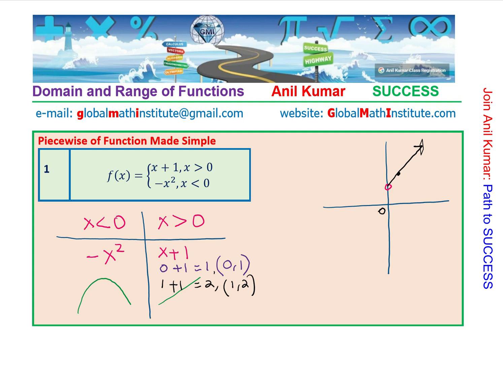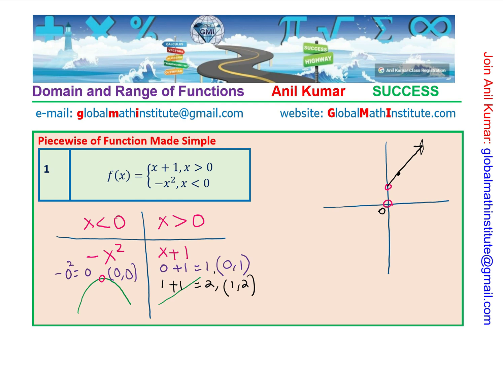Now on the left side, we have minus x squared. Of course, at x equal to 0, what do we have? Well, minus 0 squared will give us 0 itself. So we do have a point at the origin, but this is again a hole. Let me sketch a point here at the origin. This is the vertex which you can see at this point.